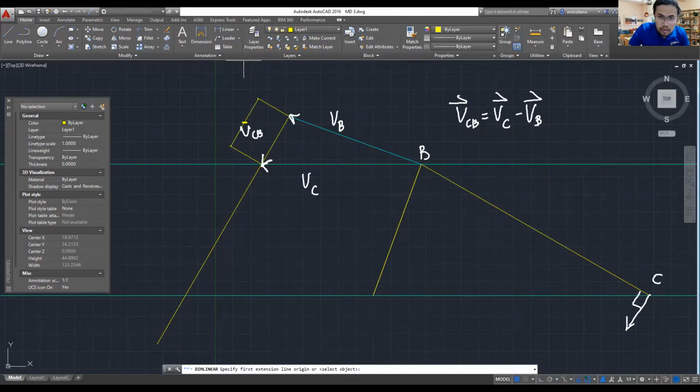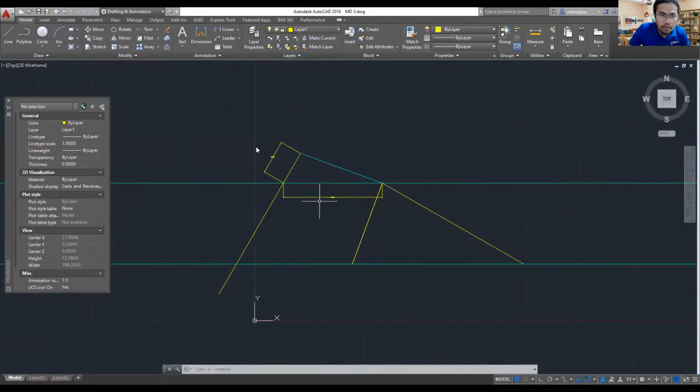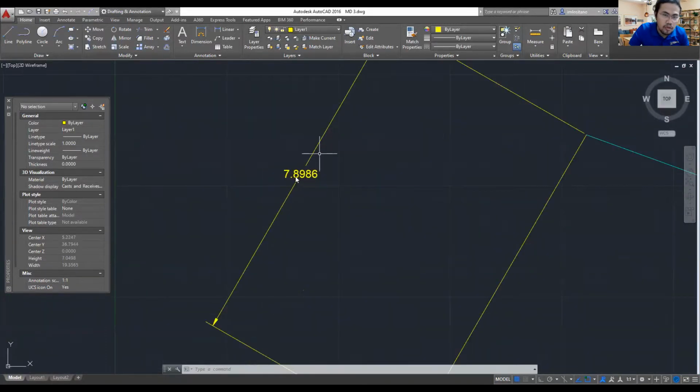So this is going to be V sub C. Looking it up, V sub C with respect to B is 7.9 centimeters per second.